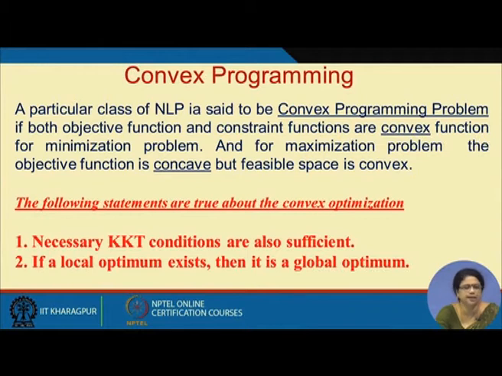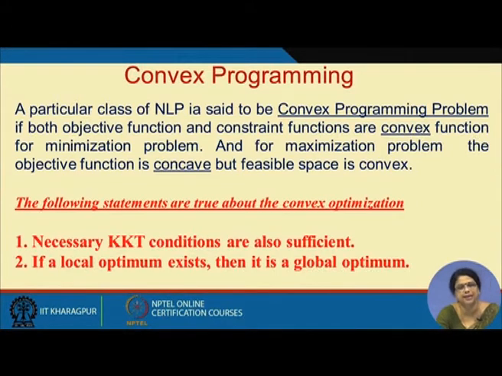Now, if the problem is not a convex optimization problem, that means for the minimization problem both are not of convex type, or for maximization, the objective function is not concave or the feasible space is not convex, if either of these conditions is violated, then we have to go through the process as we did.